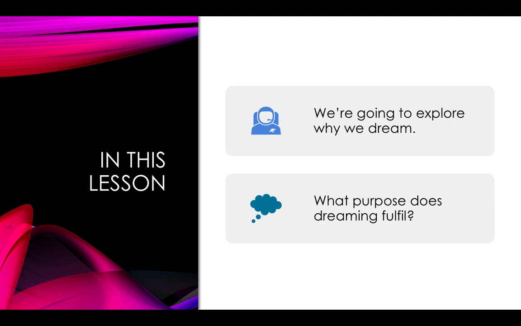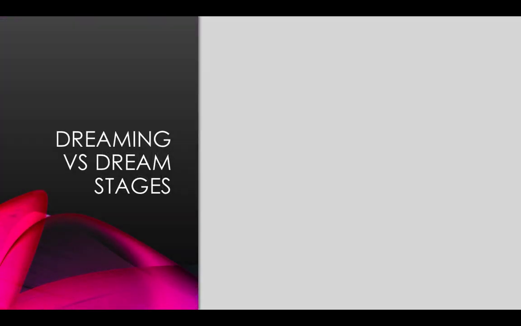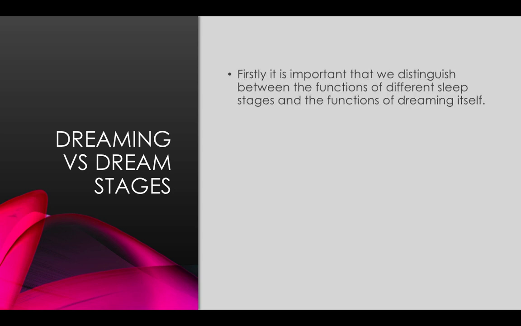What's important to note is the difference between researching dreaming versus researching, let's just say, sleep stages, because there's been a lot of research on the functions of different sleep stages, and less research on the functions of dreaming itself.